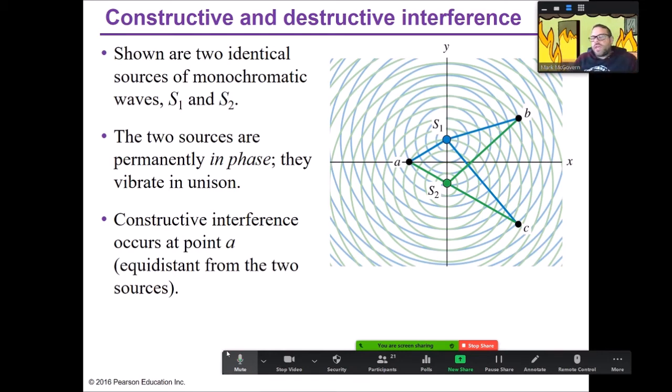As you can see here, we have wavefronts that overlap. Look at point A on the left-hand side. Point A happens to be equidistant from source 1 and source 2.